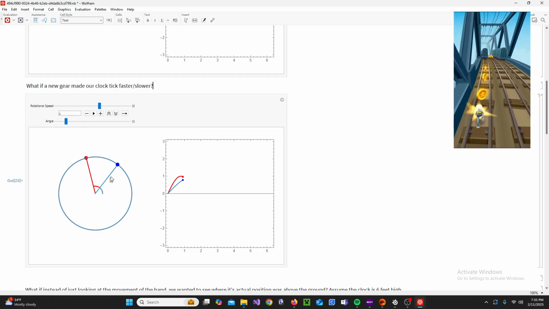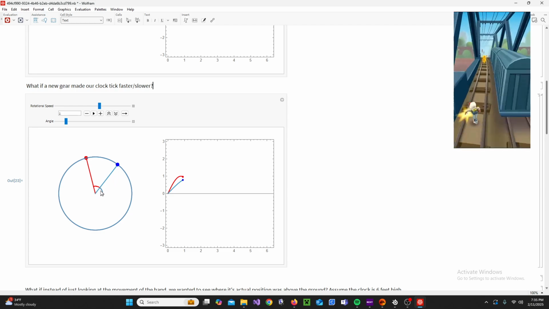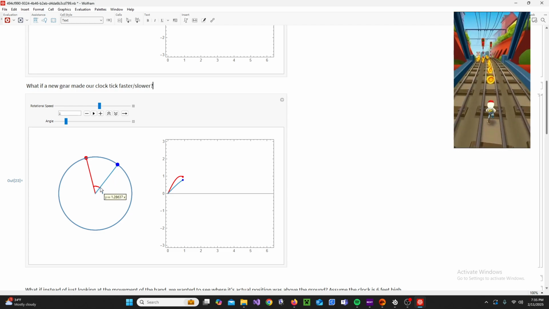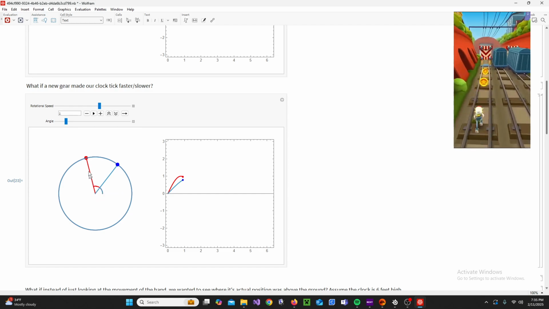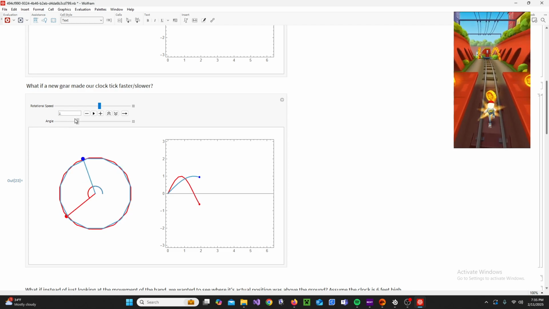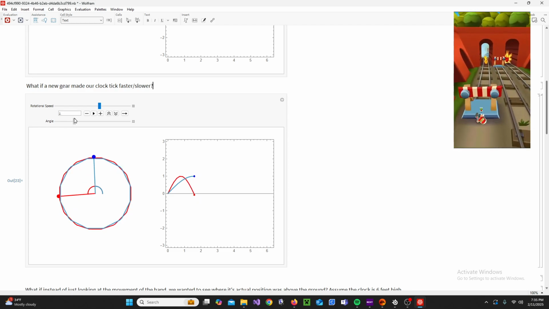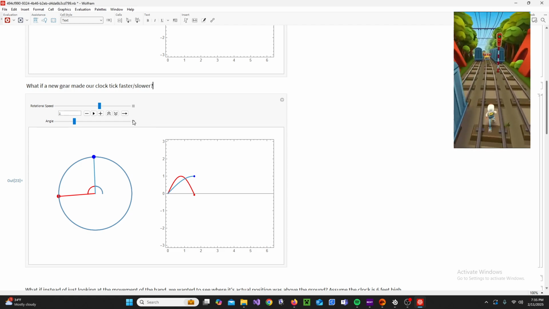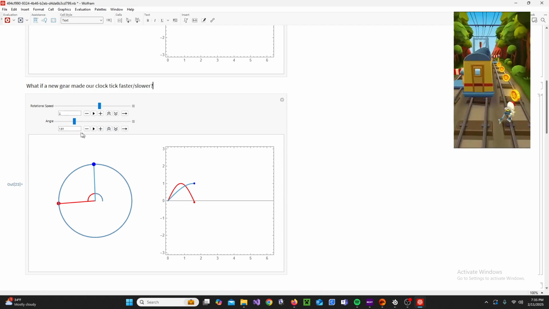So this blue part here, after the same amount of time, is half as big as the red angle that we're getting. And let's see if I can get it kind of close. Let me type it in.